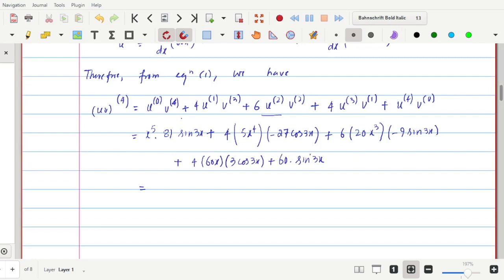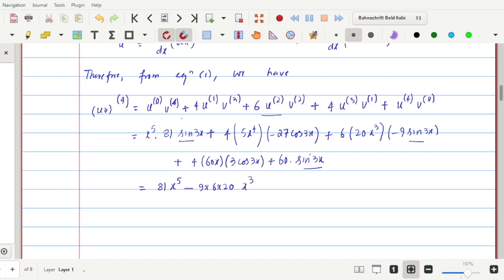Now we can simplify it by combining the terms with sin 3x and the terms with cos 3x. So here we have the term with sin 3x, which gives us 81 x power 5. Now combine it with this term, that is 9 into 6 into 20, and we have also minus 9 here, so we can write minus here instead of plus, so this is minus x power 3.